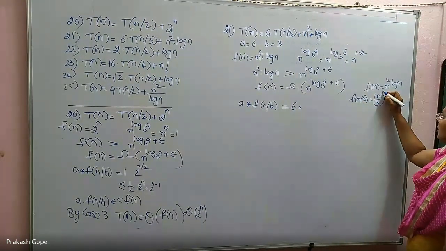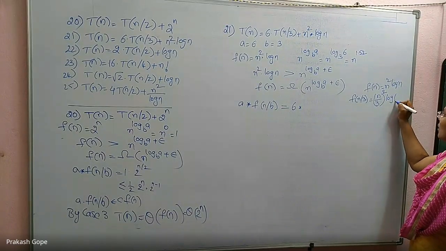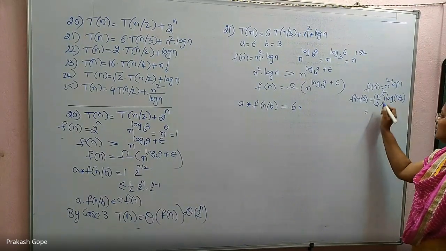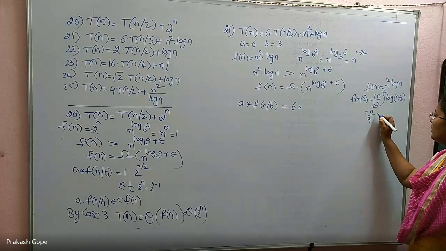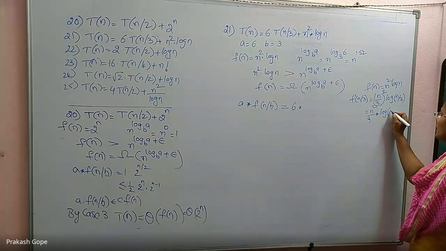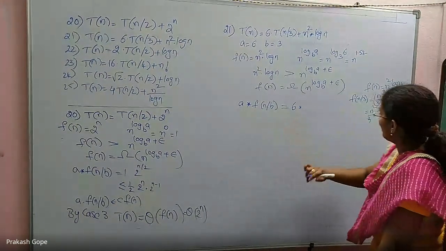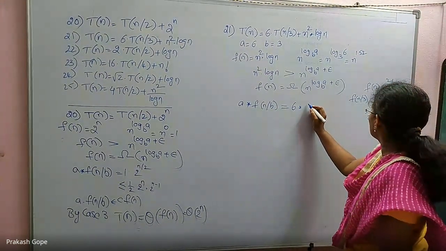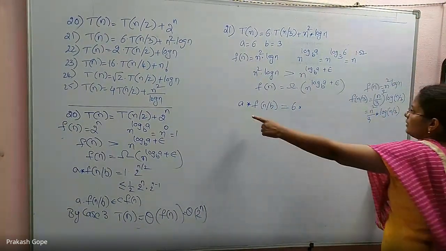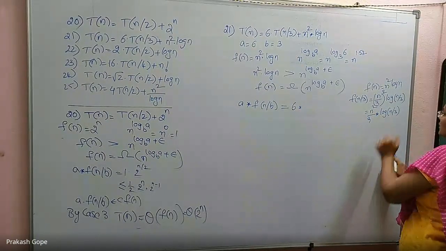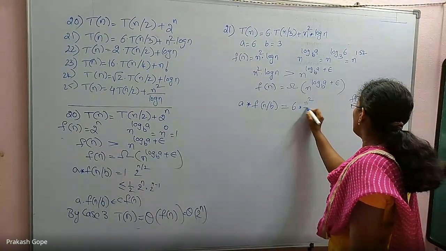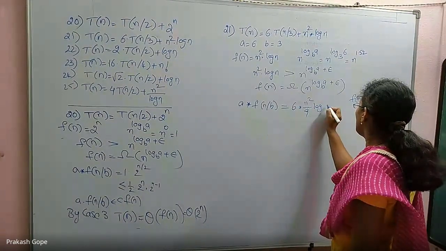That's all. N by 3 whole square into log n by 3. This is n square by 9 into log of n by 3. This is the value. So 6 into n square by 9 into log of n by 3, where a is 6 and f of n by b is this one.